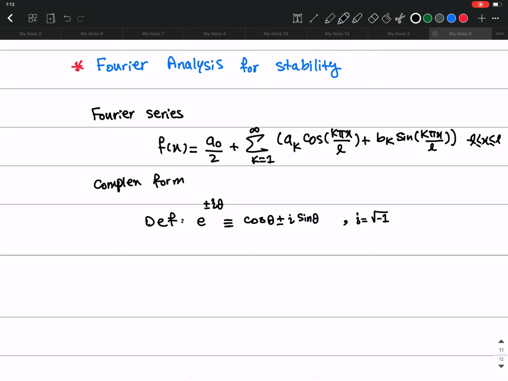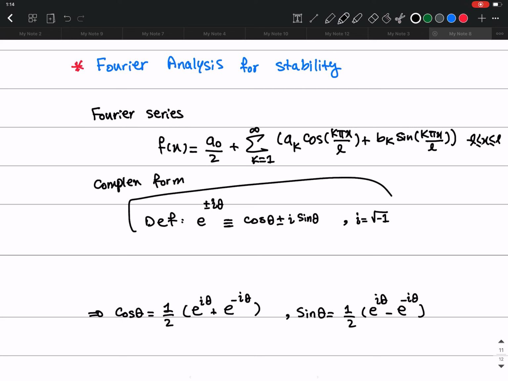Based on this, we can say that cosine theta is 1/2 (e^(i theta) plus e^(-i theta)), and sine theta can be represented as 1/2 (e^(i theta) minus e^(-i theta)).